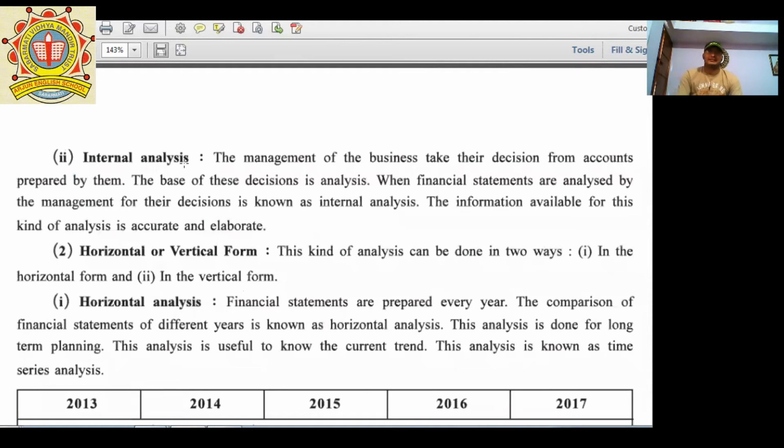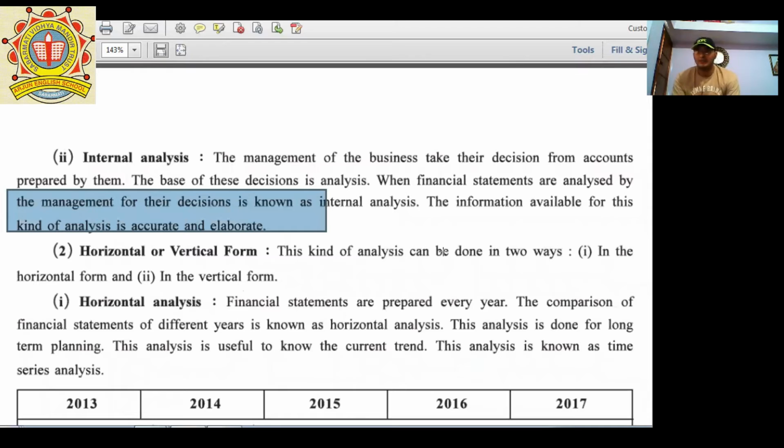internal analysis. Here, management of the business takes decisions from the accounts prepared by them. The base of this decision is analysis. When financial statements are analyzed by the management for their decision, it is known as internal analysis.